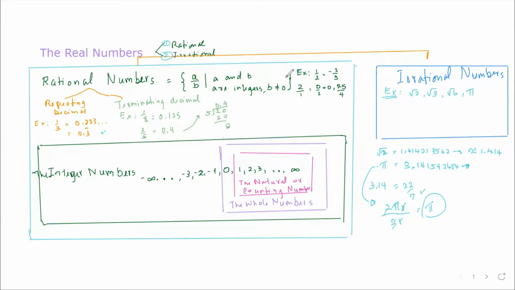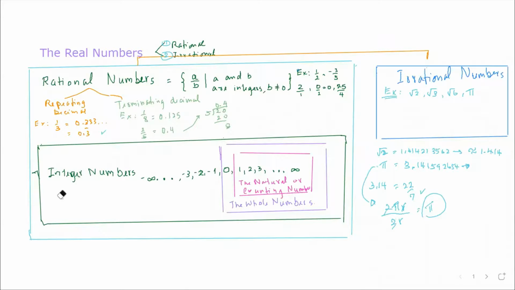Rational numbers have two kinds of decimals, repeating decimal and terminating decimal, with examples here. And within rational, there are integer numbers.